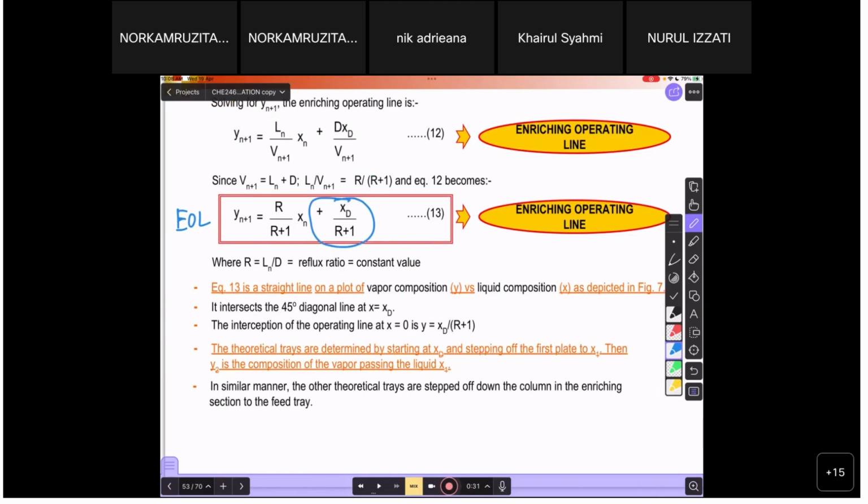This is the reflux ratio formula that I mentioned just now, in the form of y equal to mx plus c. So we need this particular c, because when you have that c, let me show you again.